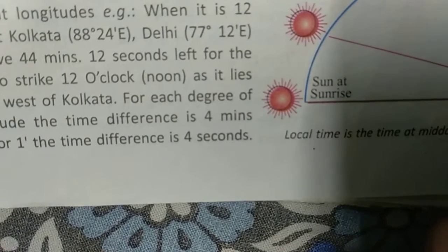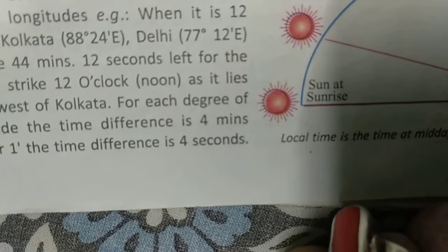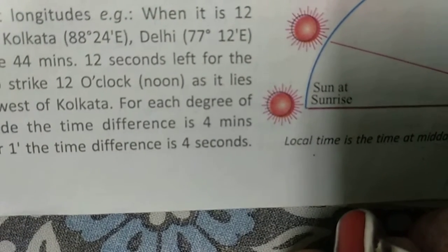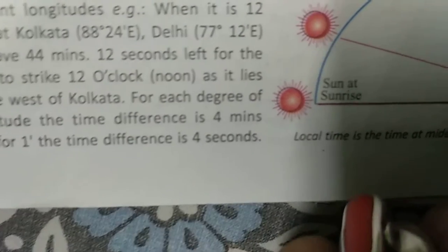Okay. Now, for each degree of longitude, the time difference is 4 minutes, and for each minute of longitude the time difference is 4 seconds.